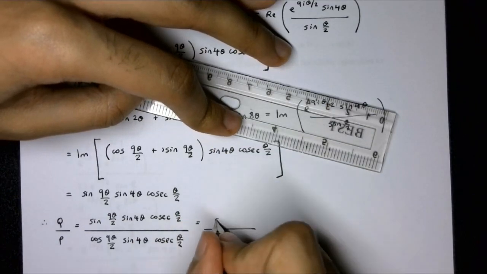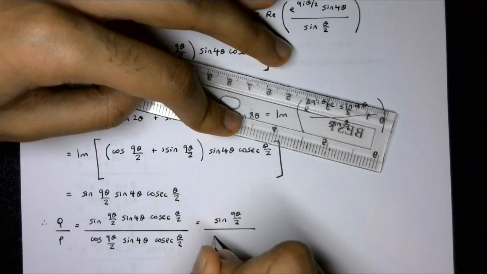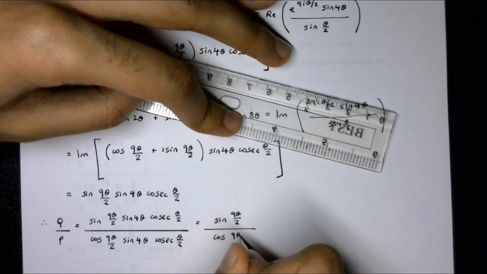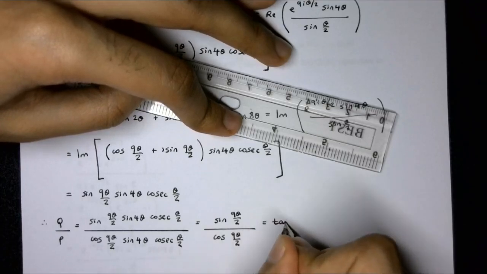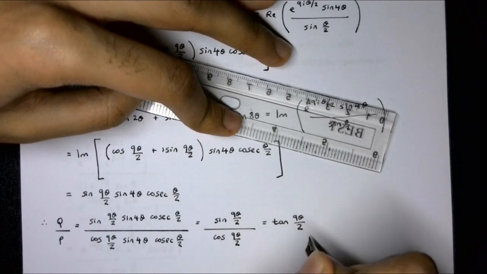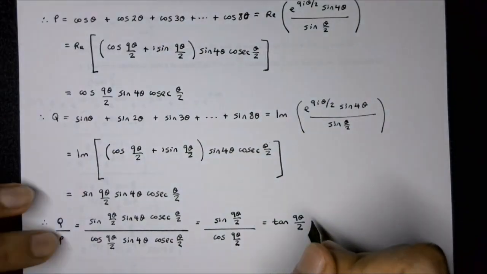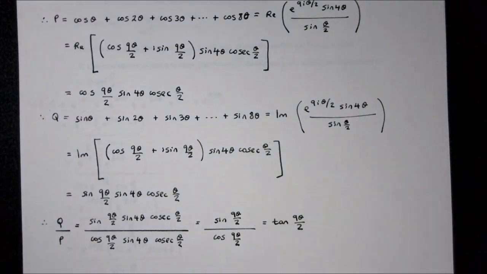We're left with the sine of 9 theta over 2 over the cosine of 9 theta over 2, which is simply tan of 9 theta over 2. So therefore Q over P is equal to tan of 9 theta over 2.